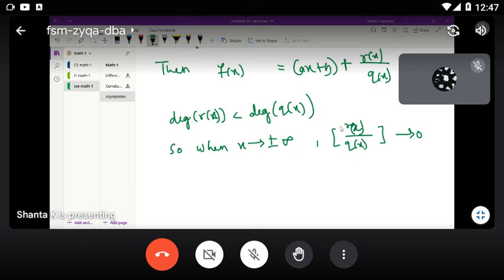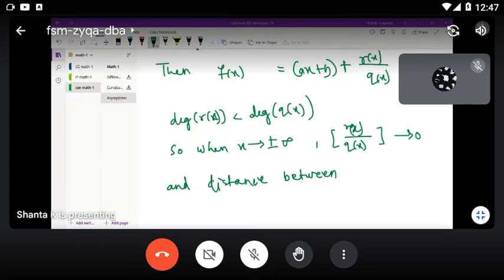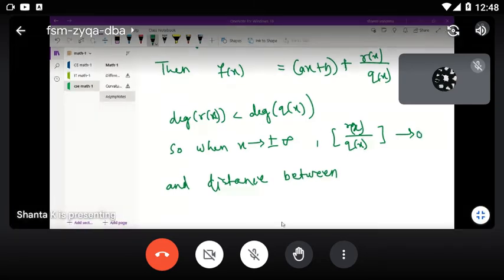So this term will approach to 0, and the distance between the curve y equals to f(x) and ax plus b goes to 0 as x approaches to infinity.